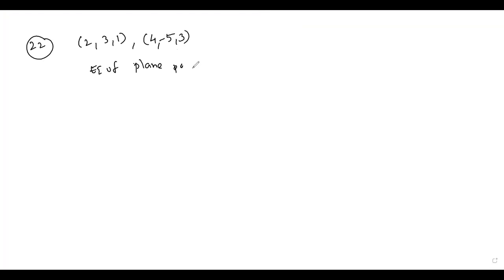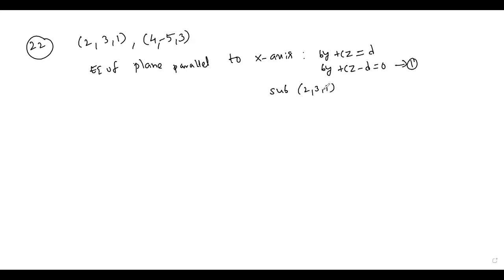Parallel to the x-axis. Parallel to the x-axis means no x term, only by plus cz equal to d. From this, by plus cz minus d equal to 0. Take it as 1. A plane passing through these 2 points means first substitute 2, 3, 1. X value not there, only y and z: 3b plus c minus d equal to 0. 3b plus c equal to d.